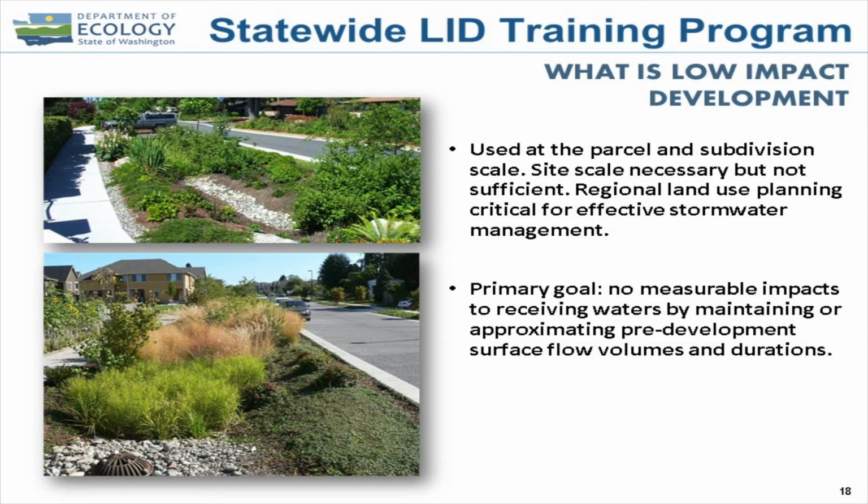We've generally thought of this at a parcel and subdivision scale. However, we know actually some of the best research on this is from this part of the world, Puget Sound region. Site and subdivision scale is necessary but not sufficient as far as protection of our receiving waters. We also have to think about the watershed scale, regional planning.